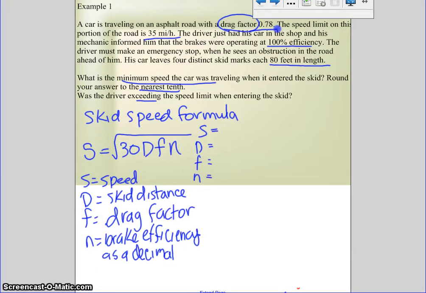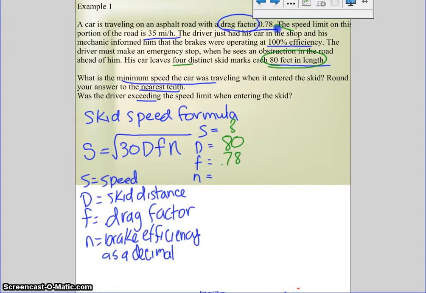The speed is what I'm looking for. That was the first question. The skid distance: it says here that there were 4 distinct skid marks, all of them being the same, which makes our life a little bit easier. So D is 80. The drag factor was 0.78.